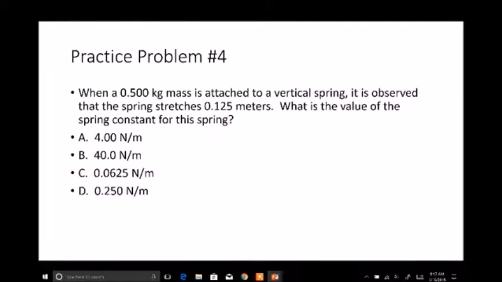So in this problem, we're going to use Hooke's law. Now remember, Hooke's law is F equals negative kx. We're trying to find the spring constant, so we're going to solve this out for k. So negative k is going to be equal to F divided by x. The force here is going to be the weight of the object. So it's going to be 0.5 kilograms. We're going to use 10 for the acceleration due to gravity.